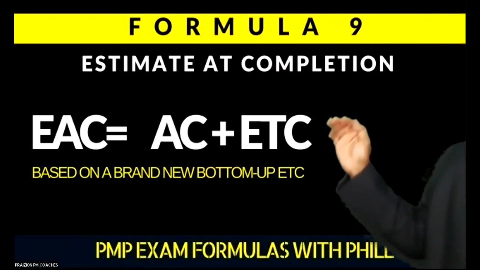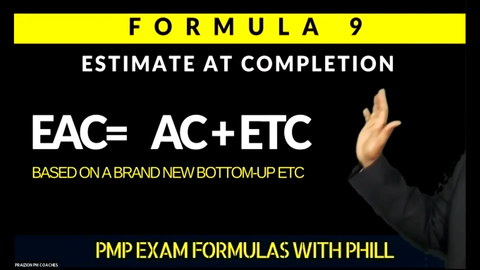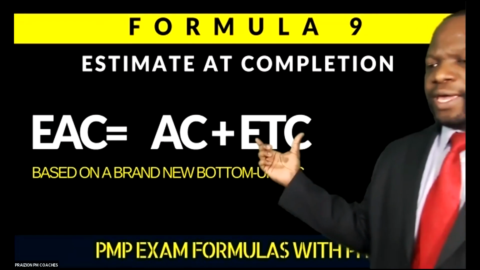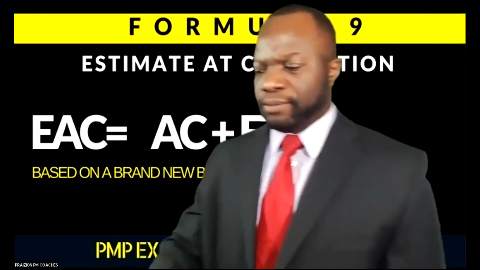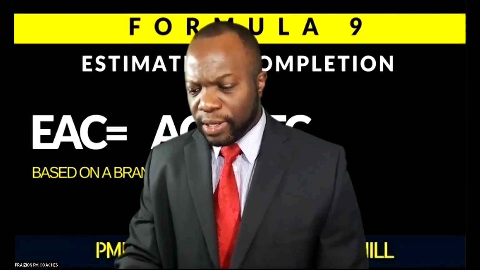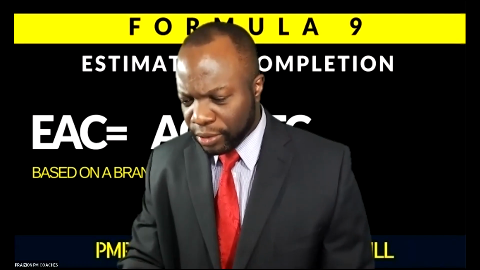Then build from here. So this first one, you got to know, oh, I use this when my budget is fundamentally flawed. I get a brand new bottom-up ETC, I add it to my actual cost, boom, I get my EAC. The next formula that you want to be thinking about when you have mastered that one is this next one, which I have already shown you.